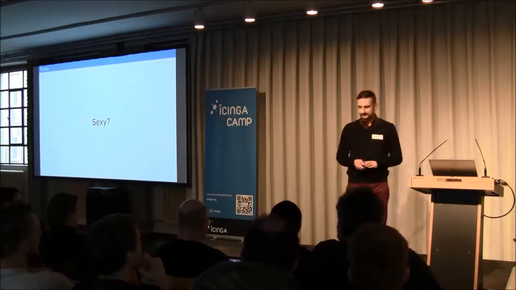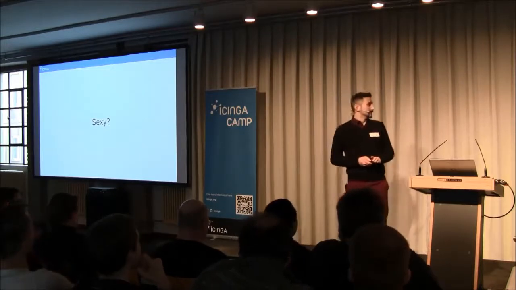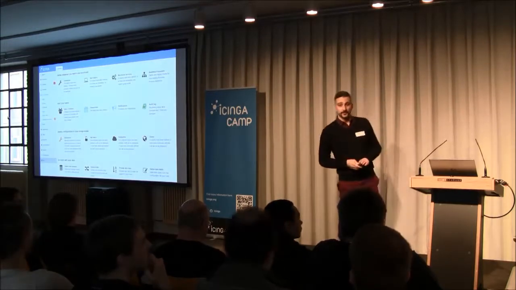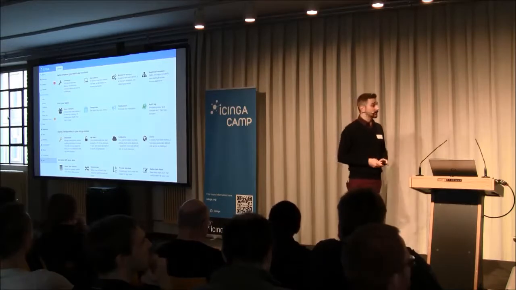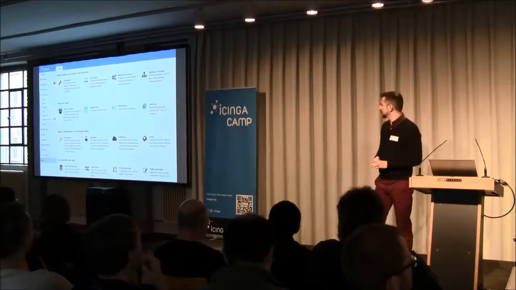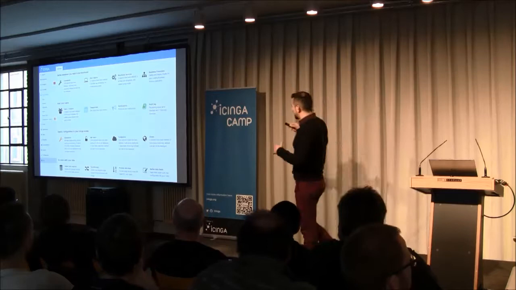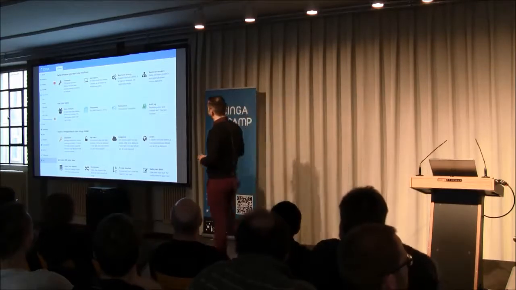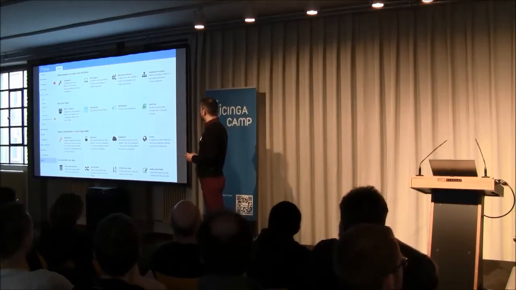Well, at least it's sexier than the old Nagios-like Word. This is the current dashboard, and we'll try it out live right now. Just what you see here is an overview of all the objects you have.